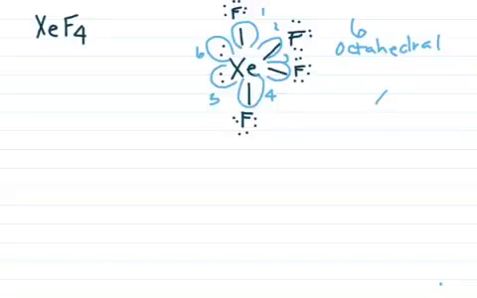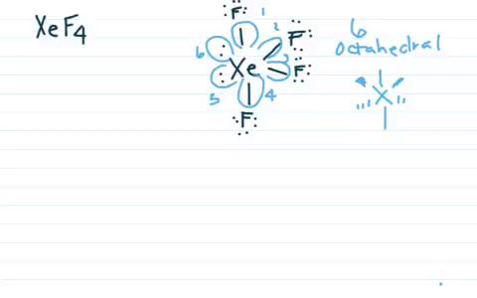So we have our central atom, our 2 single lines, our 2 solid wedges, and our 2 broken wedges. So let's draw out xenon tetrafluoride.